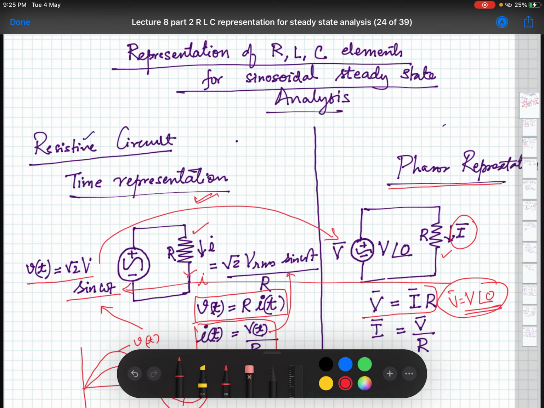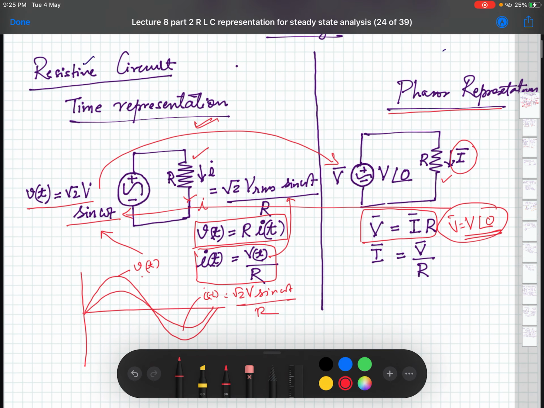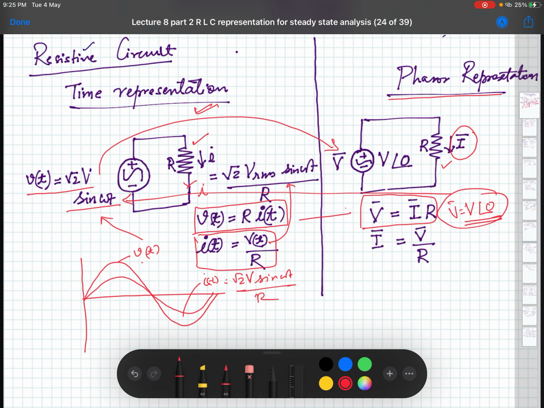Then we have the relation V = IR, and this relation fits exactly. In the phasor domain, the only thing is that this is a phasor quantity, this is also a phasor quantity, and this is the value of R. As far as resistance is concerned, the relationship is quite similar, except for the way we write it. So if this is taken as V, then I in phasor form will be V by R, and both are in phase.